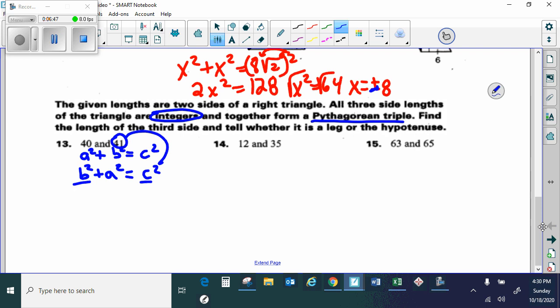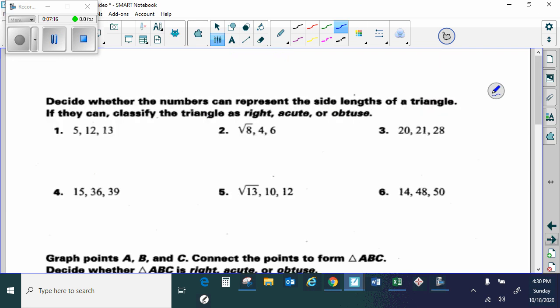So if you plug it in, and you call this A and B, and then I square them, sum them together, take the square root, and it comes out to be a natural number, then C is that natural number that you just found. But if that doesn't work, then the second one would have to be the case. And so C is 41, A or B, doesn't matter, whatever you call it, is 40, and you'd solve for the other leg. Okay, next page.